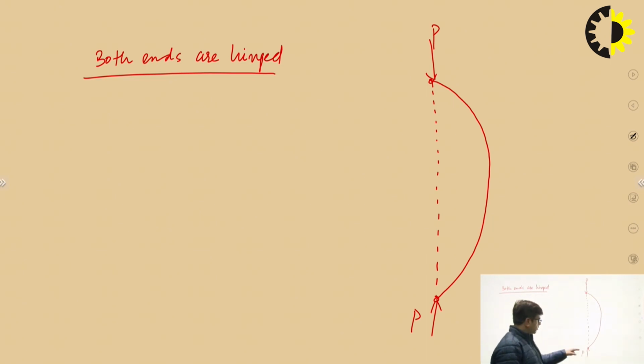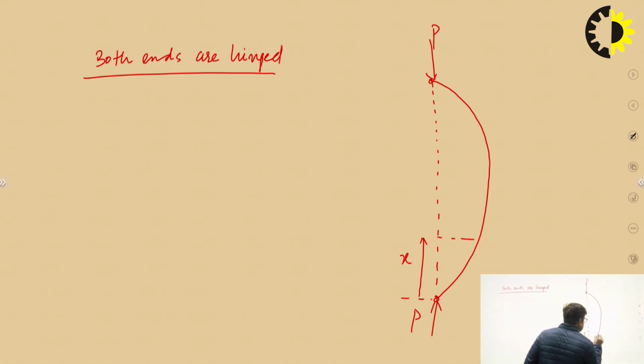Now, from the bottom point of the column at any distance x, the lateral deflection of the column has been taken as y. Now I can find the bending moment at this position.